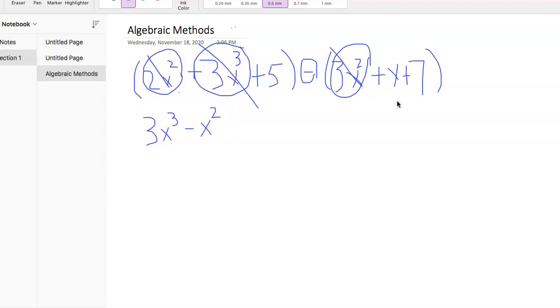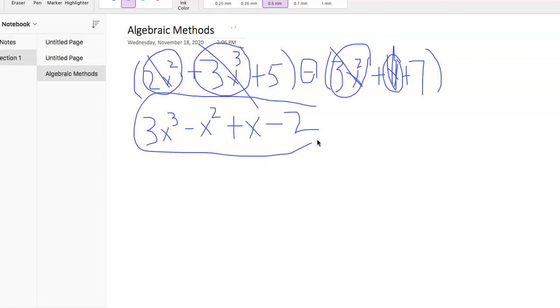Okay, kind of going down the list. Next we'll go with x, right? It's the only place we see that is right here. Because all that's left is a 5 and a 7. We'll combine those in a second. So we'll just say plus x. Looks good. Cross you out. And then all that's left is 5. And remember, don't forget that minus sign. 5 minus 7. So 5 minus 7 is negative 2. There's our answer. Okay, so that's combining like terms.